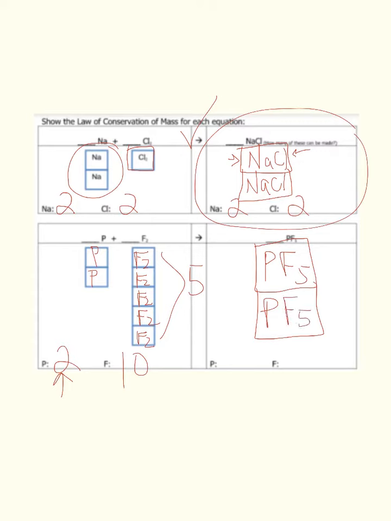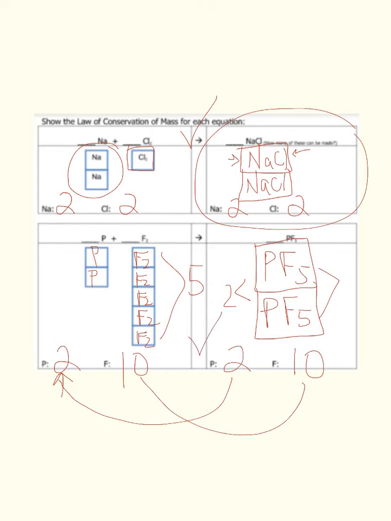And when I have 2 of these, I count that I have 2 P's, and I have 5 plus 5 F's for 10 F's. And when I have the same number of P and the same number of F, I know that my equation is balanced.